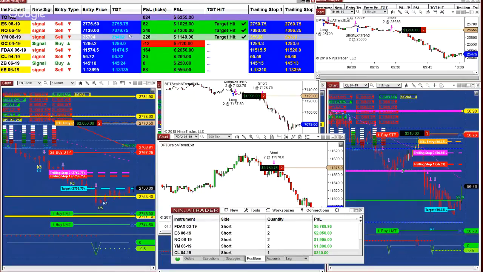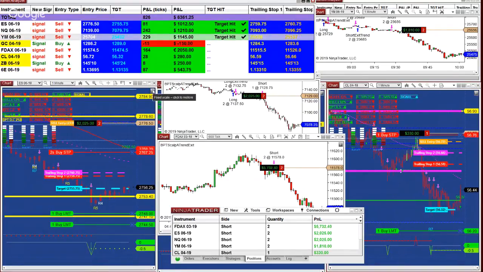So if we are on even a smaller size account and you are following those signals, at the moment you have 81 ticks, 242 ticks, and 229 ticks. So this is not bad.